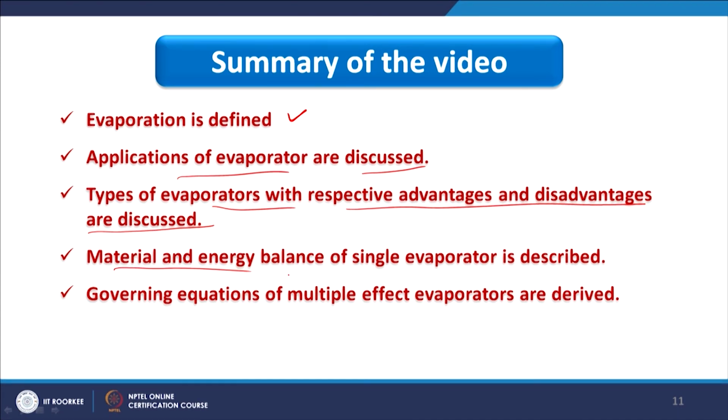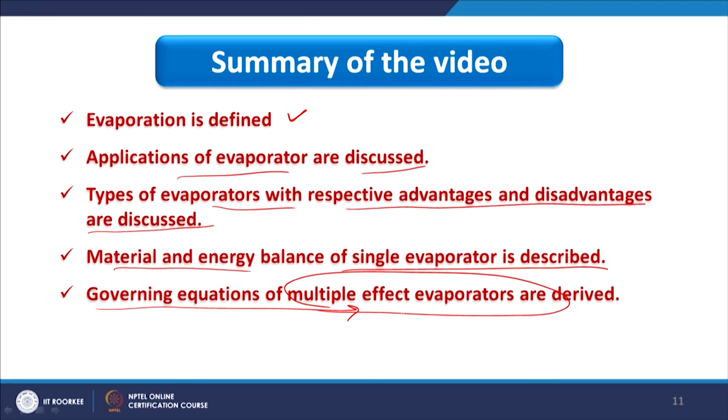We have seen material and energy balance in a single evaporator, and finally we have discussed the working of multiple effect evaporators. We have not discussed the governing equations associated with these effects, and this part we will cover in the next lecture.